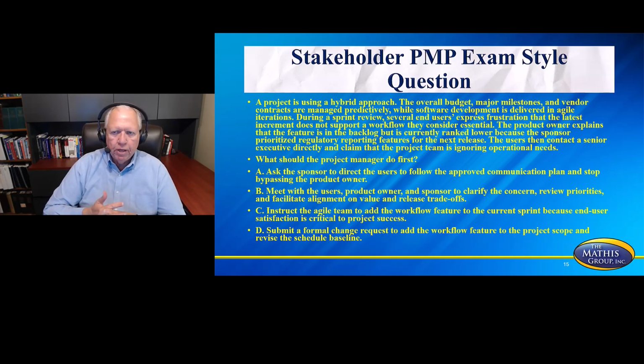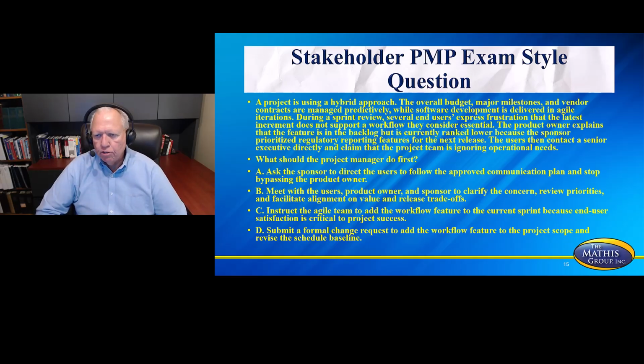And then stakeholder PMP exam style questions. So this would be a question that you might get, something like this. A project is using a hybrid approach. The overall budget, major milestones, and vendor contracts are managed predictively while software development is delivered in agile iterations. During a sprint review, several end users expressed frustration that the latest increment does not support a workflow that they considered essential.